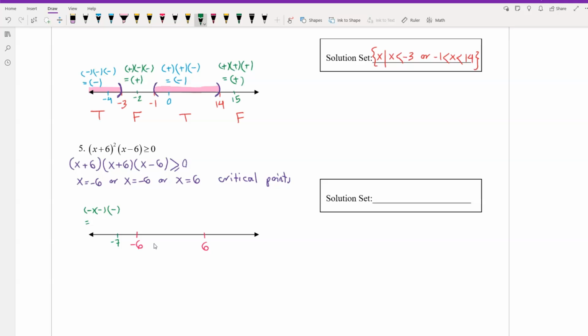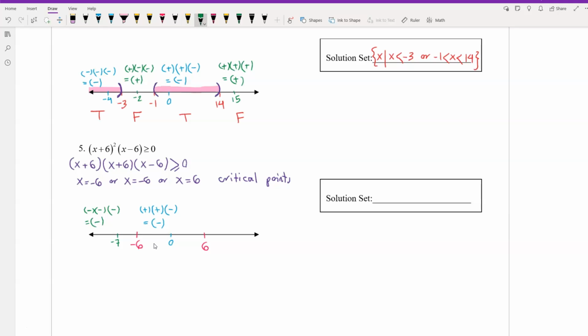Multiply all these, here we have negative. Then any number between negative 6 and 6, for example 0, use that 0 instead of x. 0 plus 6 is positive, 0 plus 6 is positive, 0 minus 6 is a negative number. Multiply all these, here we have negative.